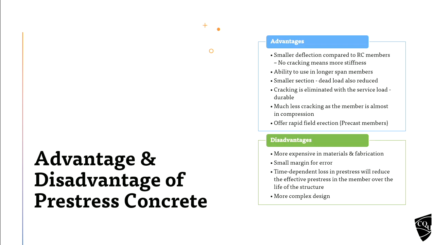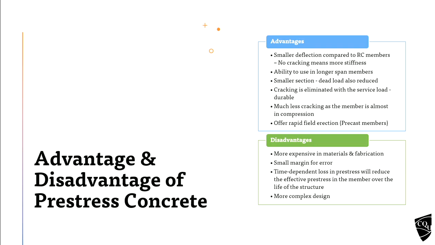Uncracked section will get larger I value, so that means it has larger stiffness. Larger stiffness means difficult to bend. Larger stiffness means difficult to bend. That means it has larger bending capacity.